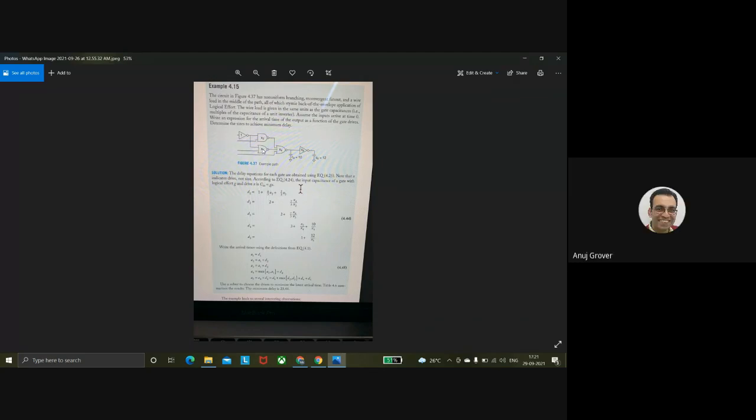Yeah. So, sir, I tried doing it with H1 and H2, sir, as you have mentioned. But the issue is that we don't know the value of X2, X3. So the capacitors which we get over here will be in terms of X2 and X3.